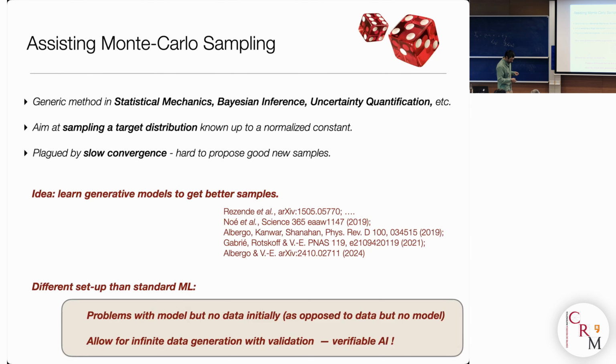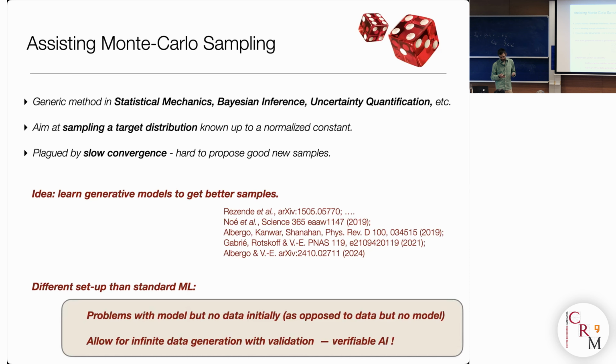I want to insist on this because I think it's an interesting problem for mathematicians because, as I already said, this is an application that is very different in nature from the standard ones of machine learning, because the previous ones were unsupervised learning but with data. Here you have no data, right? The whole point is actually to create the data, and so that's both a curse and a blessing.